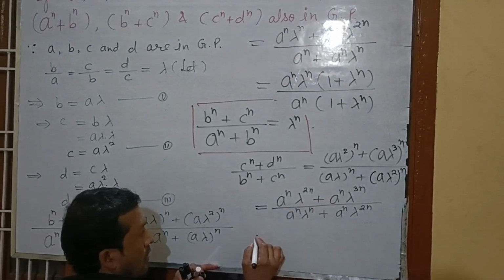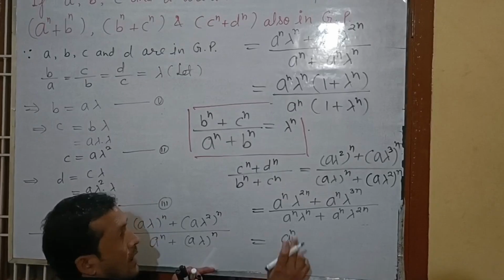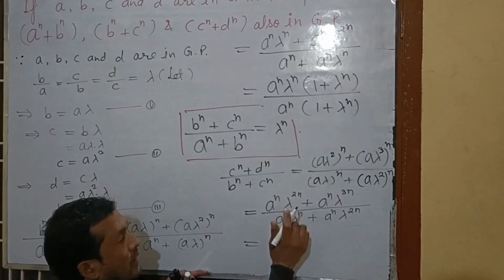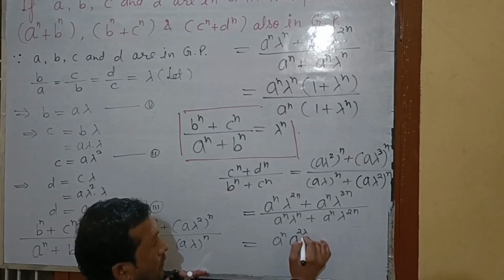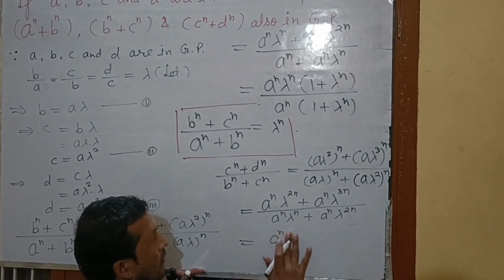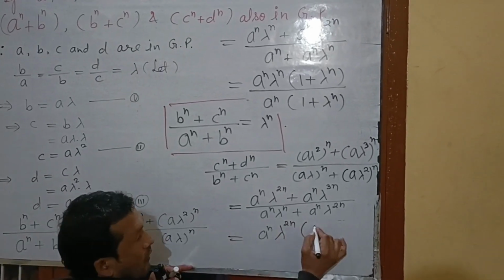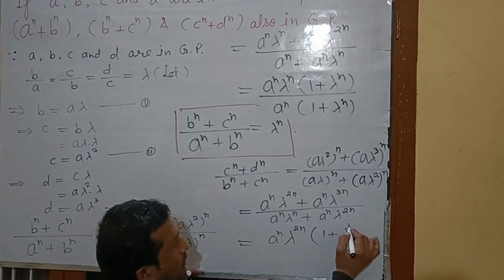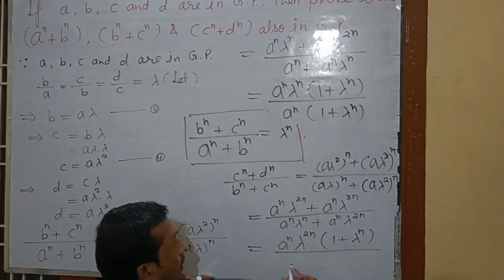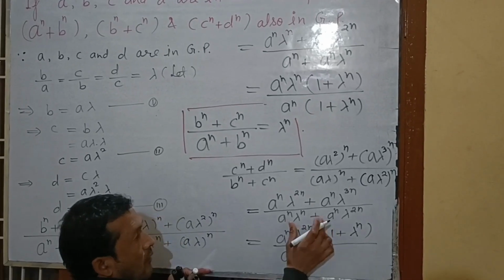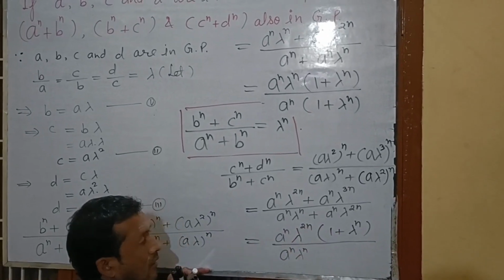A to the power n is common, lambda to the power 2n is common in the numerator.